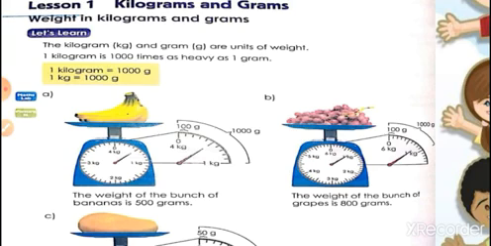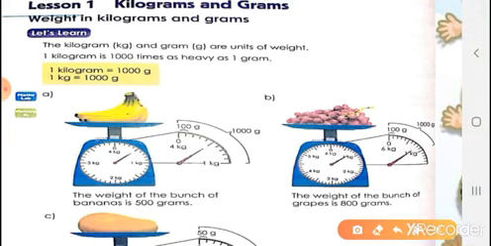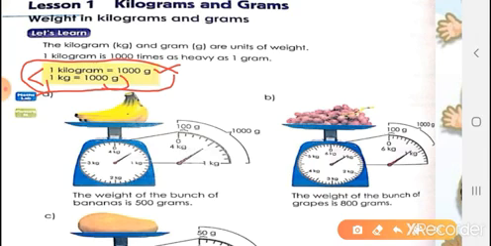So we use kilogram for heavy objects. We say that 1 kilogram is equal to 1000 grams. Kilogram is represented as kg, so 1 kg equals 1000 g.